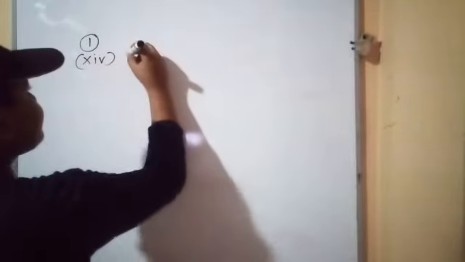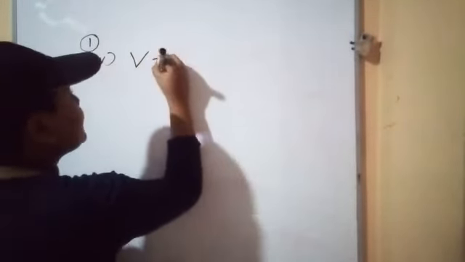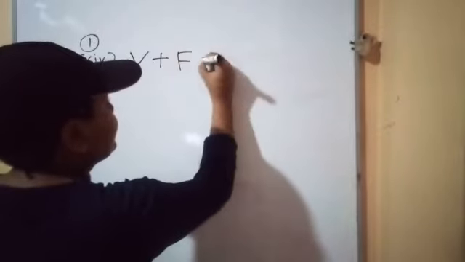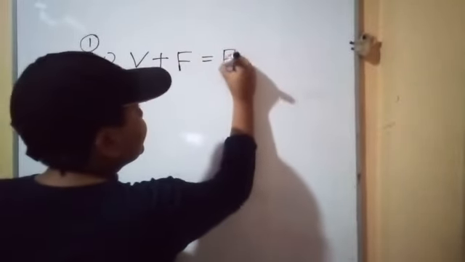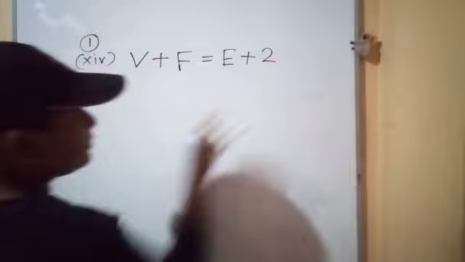Now what is the 14th one? Write down Euler's relationship. Very easy, no? Euler's relationship means vertices plus faces equals edges plus 2.